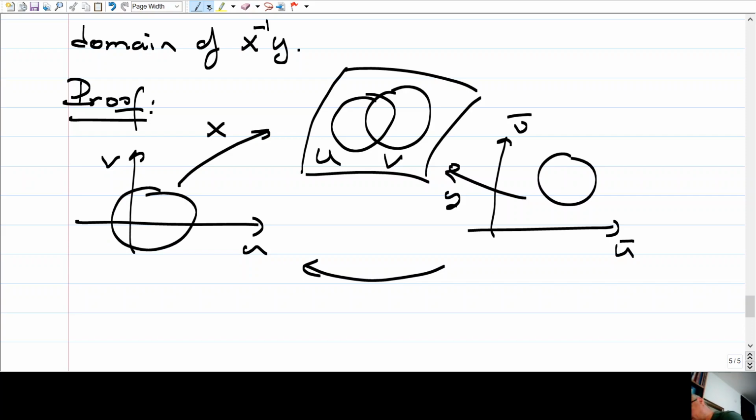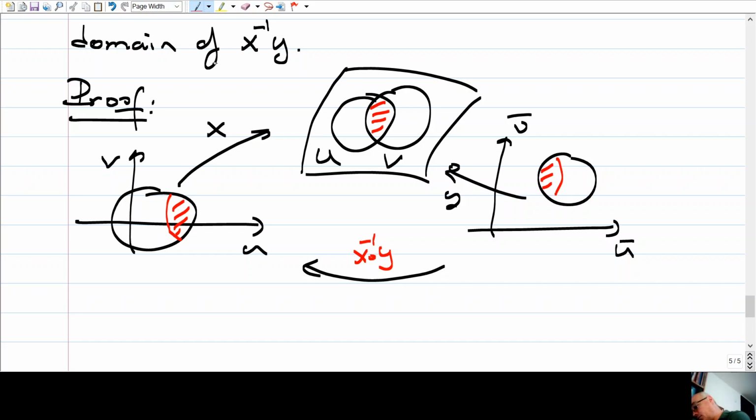Okay, let me draw the intersection, paint the intersection in red. So this composition, X inverse Y, I go first by Y and then X inverse. So this is defined on this shaded region, and it takes values here.